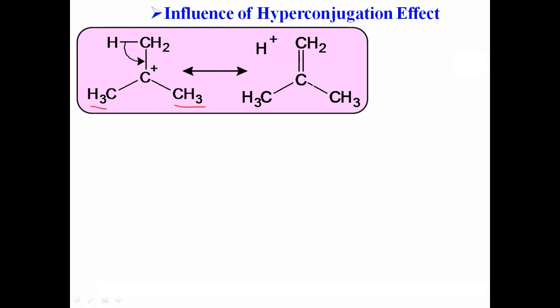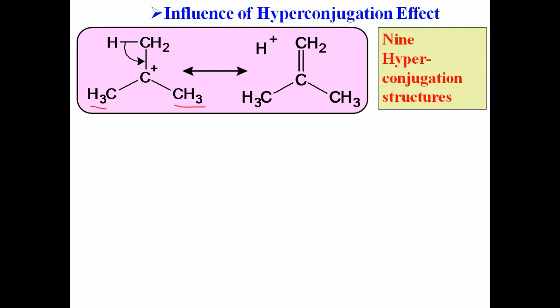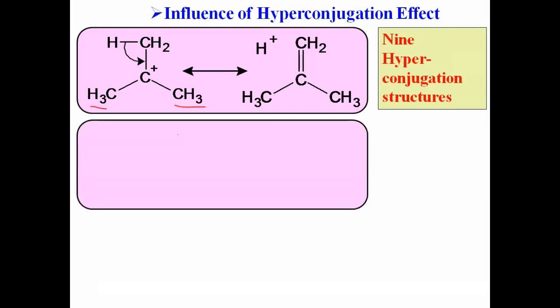Totally, there are 9 hyperconjugation structures formed, because there are total 9 C-H bonds. That is why totally 9 hyperconjugation structures are formed in the case of tertiary carbocation. Okay, let us see the next example.